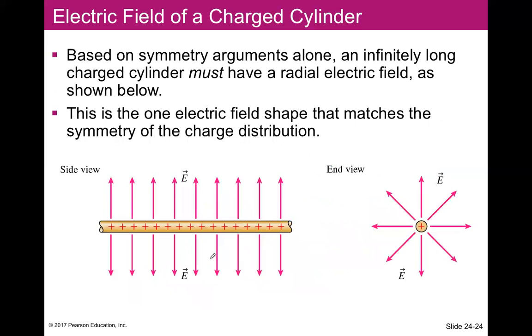Therefore, for a cylinder case, or an infinitely long cylinder, the electric field should go in this direction. If we look at it in the side view, it is perpendicular to this cylinder surface. And in the cross view, it's perpendicular to the surface of the circle.